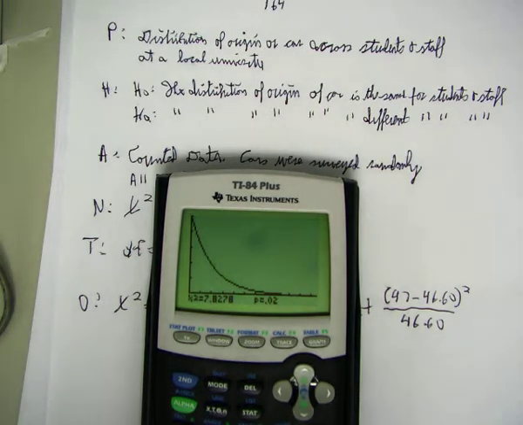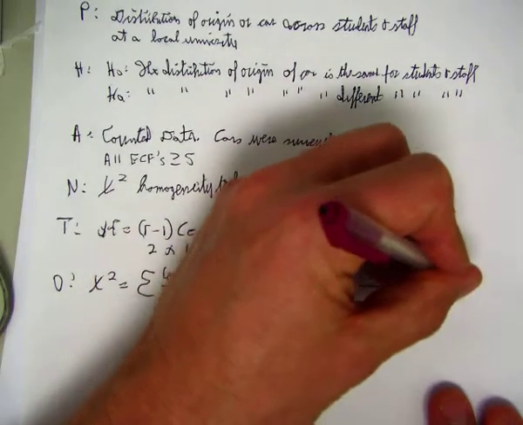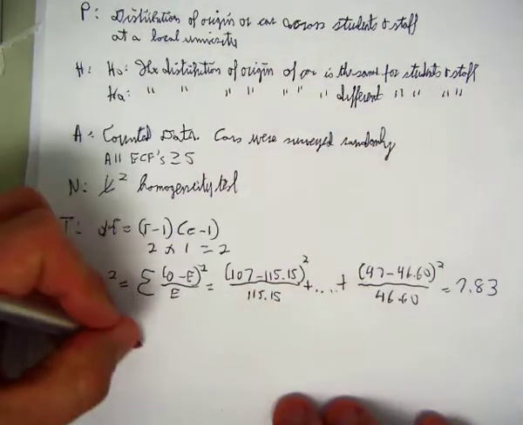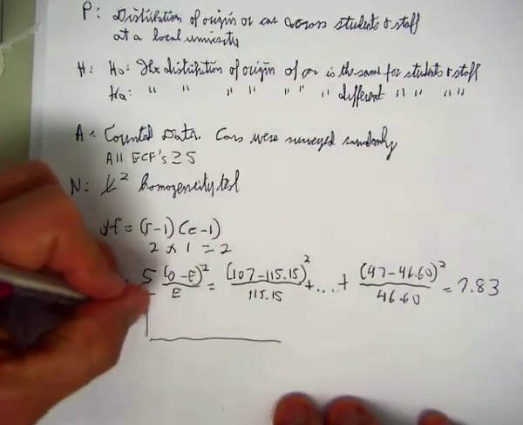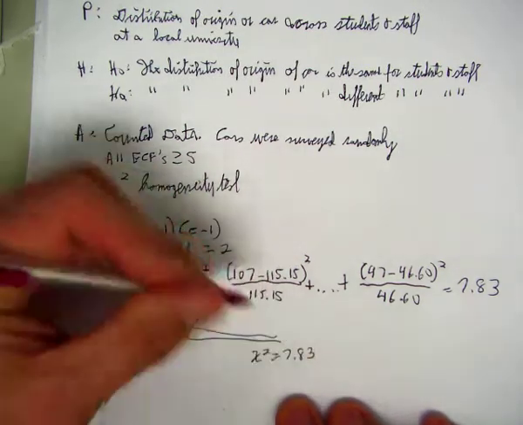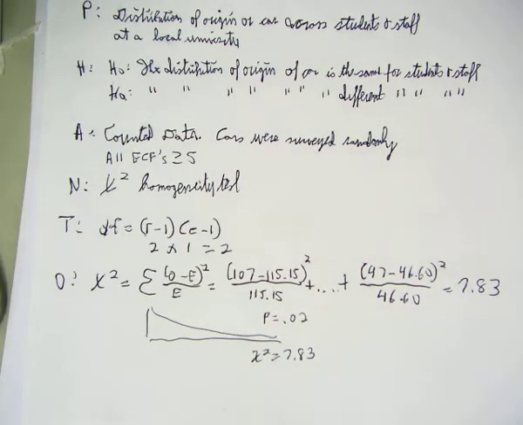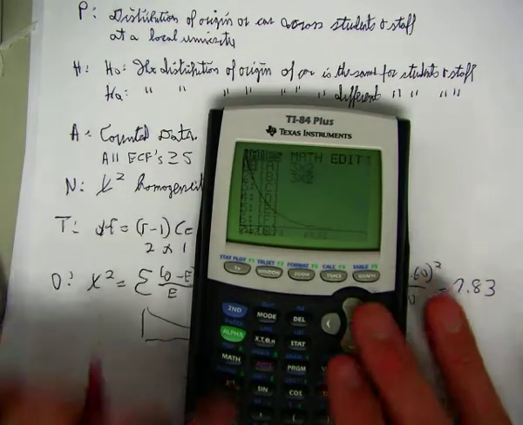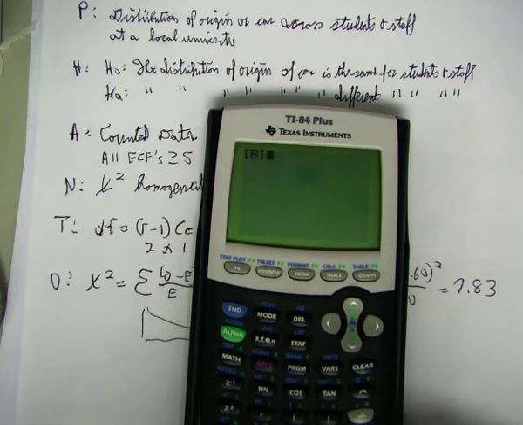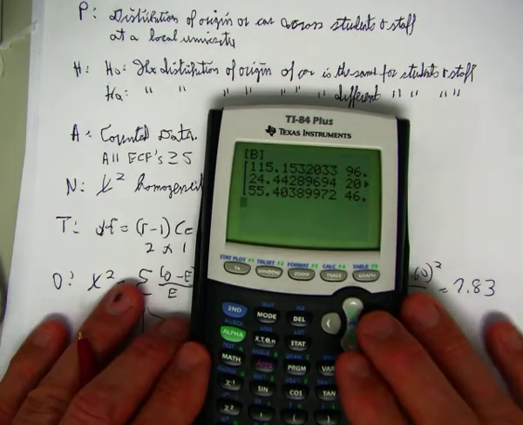So chi-squared is 7.83. So I would probably put that here. And I would copy this on my paper. So chi-squared is 7.83, and the big p-value is 0.02. Now the nice thing we can do here is we can go into matrix and go to matrix B now, and we just push enter, and look, it did all of our expected.